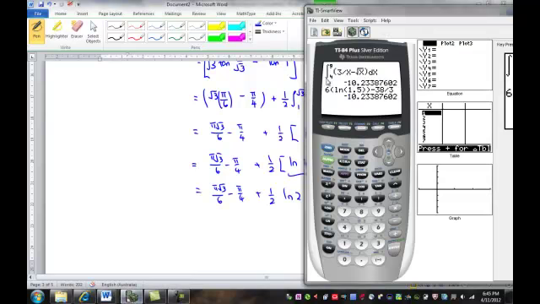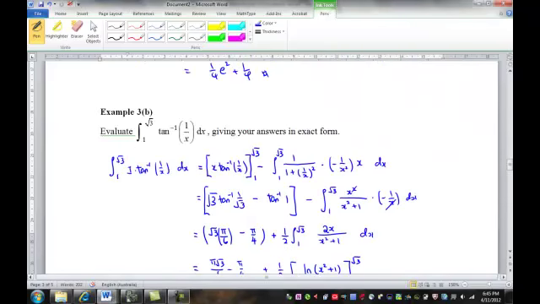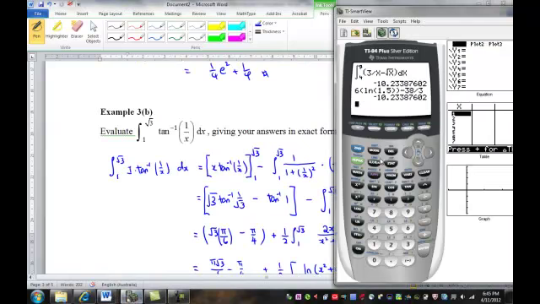Okay, we can also use a GC to help us double check whether our answer is correct. So let us do a quick check. Of course, you remember it's from this function. All we need to do is really just to put in the limits accordingly. 1 being the lower limit, square root 3 being the upper limit.